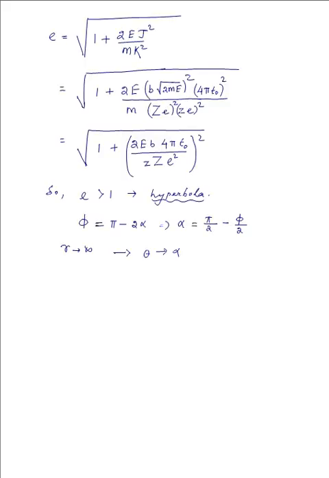As a result of that, what we find is the equation for the path now changes. It is 1 plus e times cos theta. Now theta has approached alpha, and the term L over R, as R tends to infinity, goes to 0. And so we have the value of cos alpha to be equal to the negative of 1 over e. And as we know, alpha that we have obtained over here is equal to pi by 2 minus phi over 2.